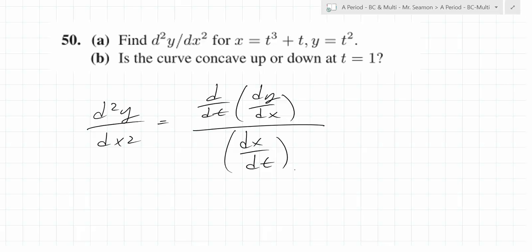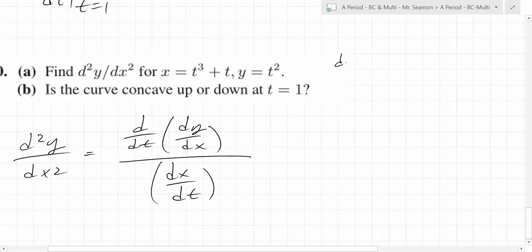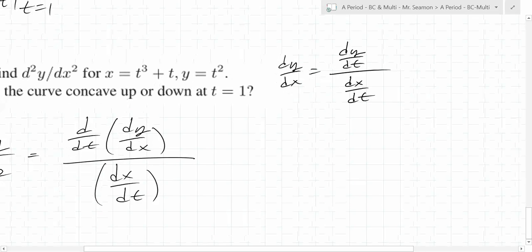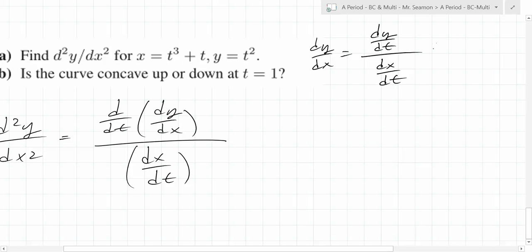What should you find first if you're trying to find the second derivative? You should find dy/dx. You know that dy/dx is equal to dy/dt over dx/dt, so that's 2t over 3t squared plus 1.